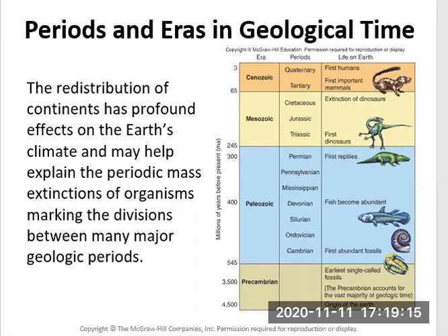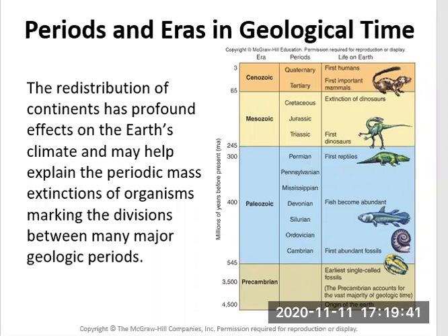Talking about the Paleozoic era, that includes the Permian, Pennsylvanian, Mississippian, and Devonian periods. These mark life on Earth like the first reptiles. In this era, fish became abundant, and there were the first abundant fossils also.